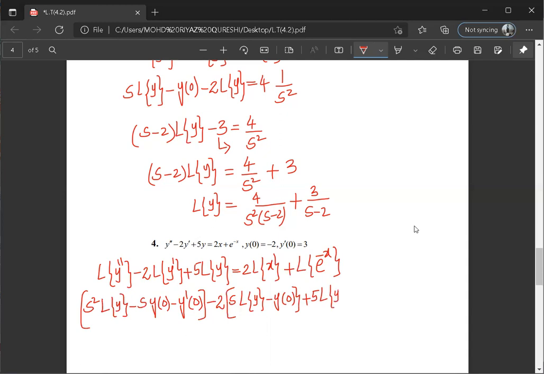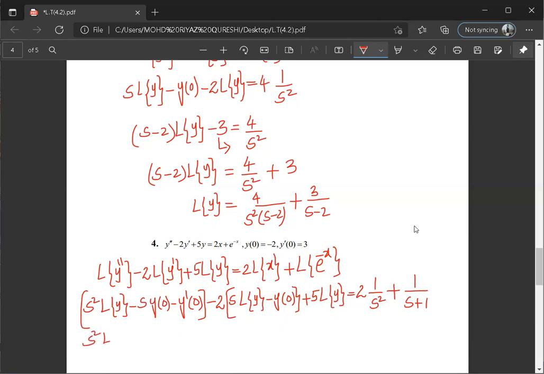L of y is equals to 2 times L of x, whose value is 1 by s square, plus L of e power minus x, whose answer is 1 by s plus 1. After this, we have to multiply with this minus 2 for both of these two terms. After this, we have to substitute the condition.